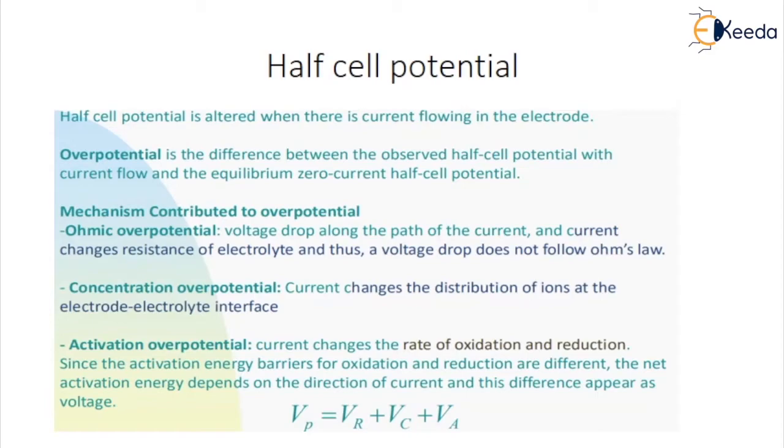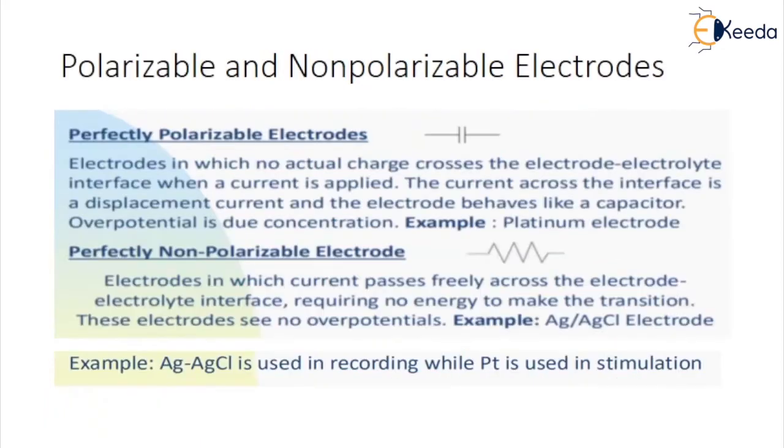Total potential Vp is equal to Vr plus Vc plus Va. Vr is the ohmic potential, Vc is the concentration overpotential, and Va is the activation potential.